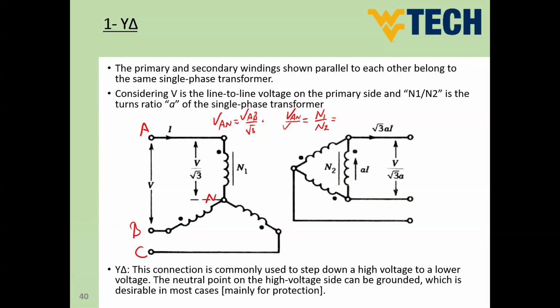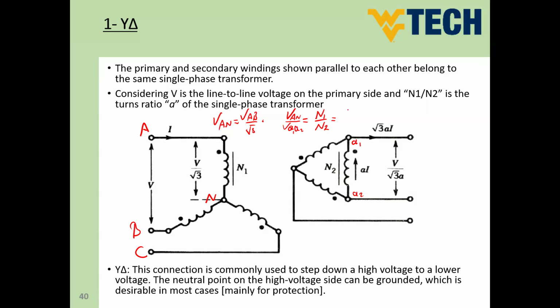Sorry, the phase A in the primary is corresponding to the phase A of the secondary, which is little a. So I'm going to call this point A. I can say this is A1 and this is A2 for the time being. So I'm going to say VA1, A2. So this is the secondary of the first phase of our transformer.